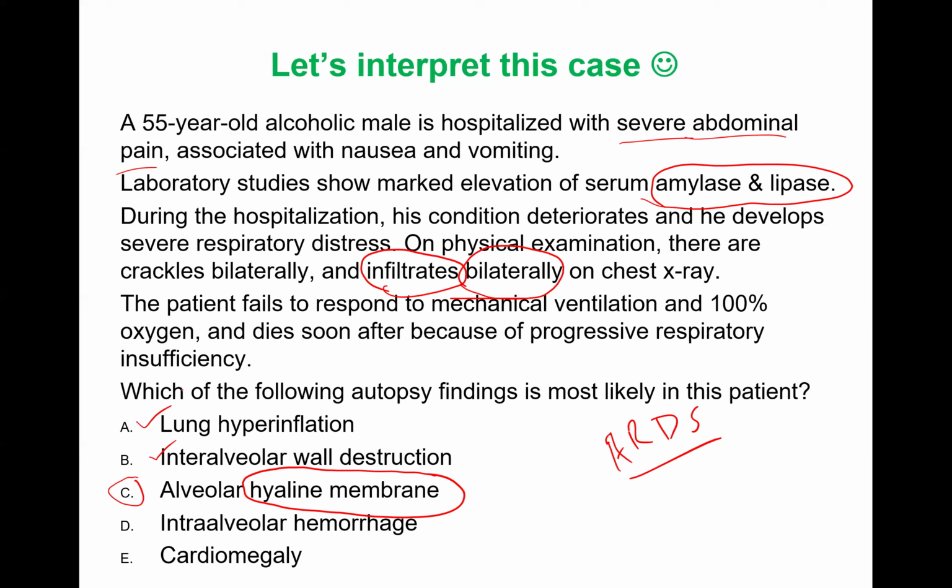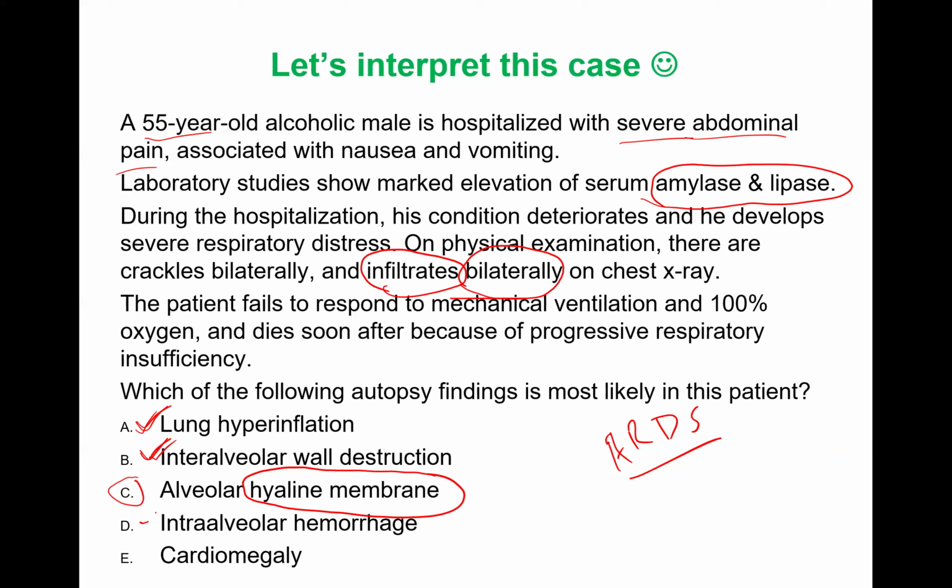There's no such accumulation of hyaline membrane, and in these upper two causes, the history is chronic. The patient is chronically suffering. But here, in the current case of this 55-year-old, the history is within a 7-day window. Following acute pancreatitis, now the patient is suffering severe acute respiratory failure, right? So options A and B are excluded, chronic diseases of lungs.